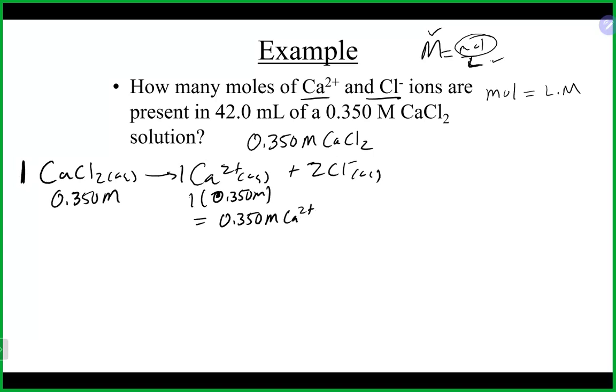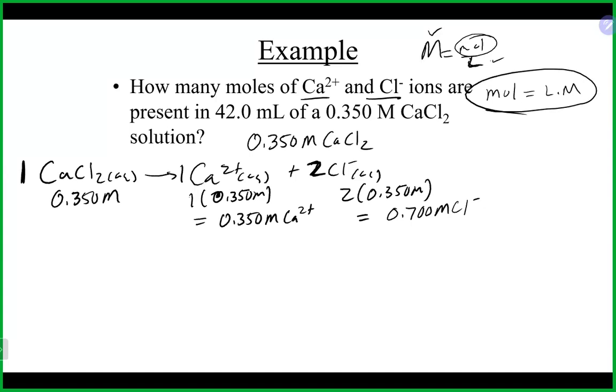I could also do it for the other one. It's a 1 to 2 relationship here. That means that I'll take 2 times 0.350 molar, and that will tell me that I got here 0.7 molar chloride ions. So now that I have the concentration of each ion, I could really just do this calculation for each of them and end up with the moles.